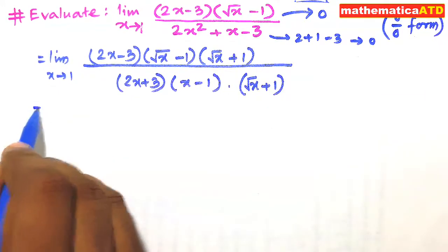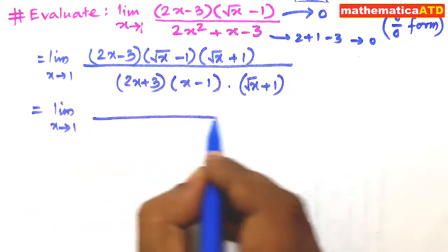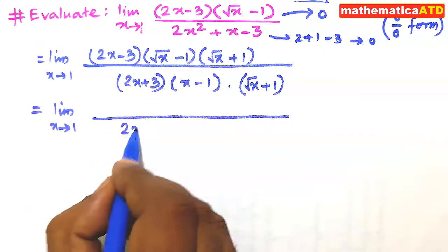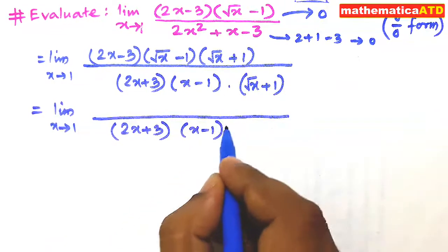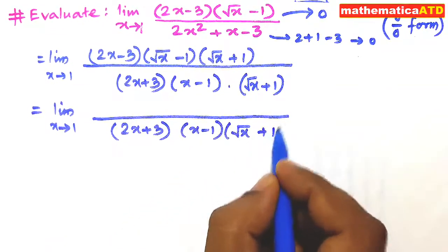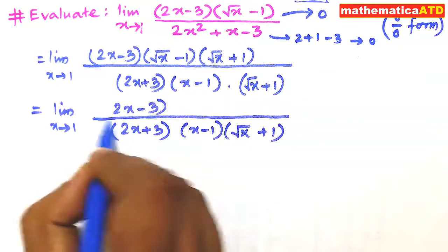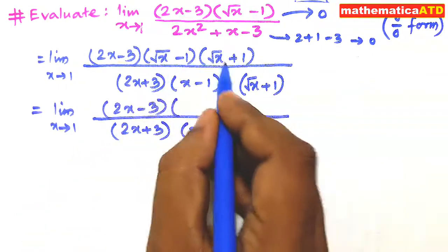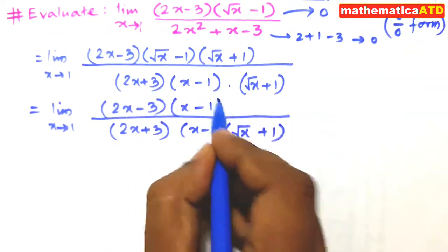So friends, limit x tends to 1. The denominator is as usual 2x plus 3, take it as usual, x minus 1 into root x plus 1, and the numerator is now 2x minus 3 into (root x) whole square minus 1 square. That means x minus 1.